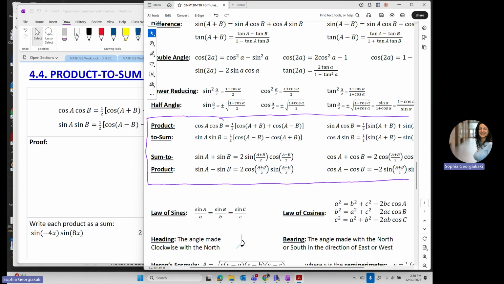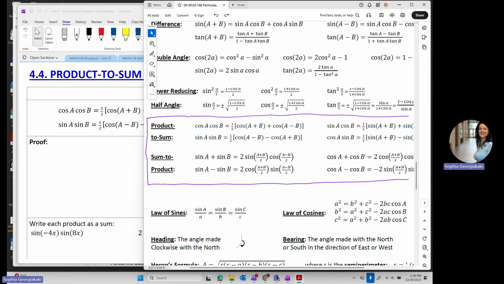They take a product of trigonometric functions and convert it to a sum, or they take the sum of trigonometric functions and convert it to a product. In calculus, we like to have sums of trigonometric functions because it's easier to do calculus with them.